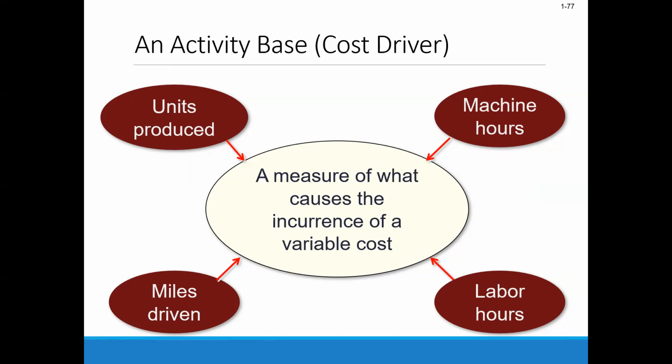So if we are manufacturing ketchup bottles, we might use machine hours to determine how we drive our costs. If we're working on an assembly line that's heavy labor, we would use labor hours to show what's driving our costs. Does that make sense?